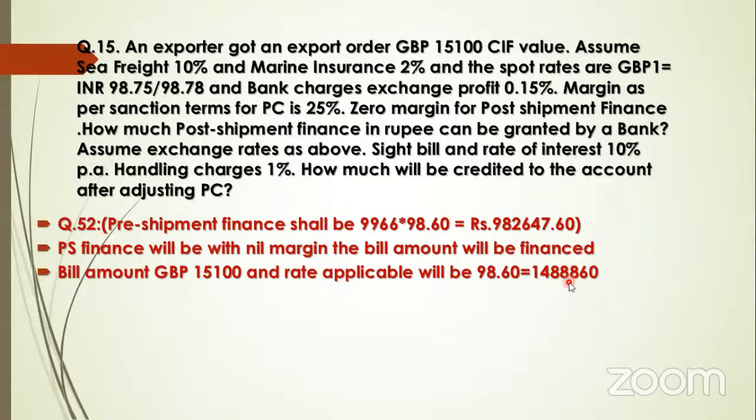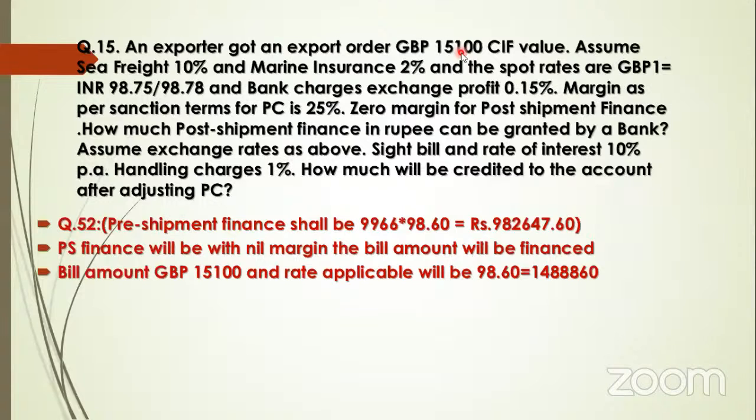Is it calculated based on CAF or FOB? Post-shipment finance will be on the bill amount. Whether it is CAF or FOB, note down, post-shipment finance will be on 100% of the bill amount. But pre-shipment finance will be FOB value minus credit margin as per sanction time.